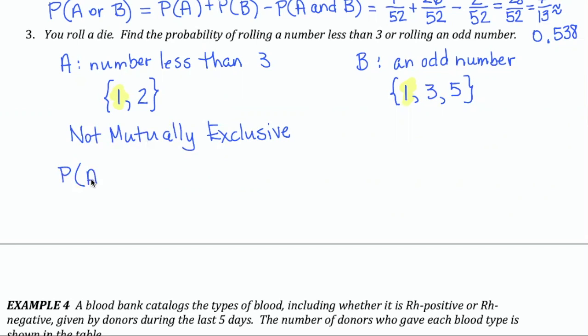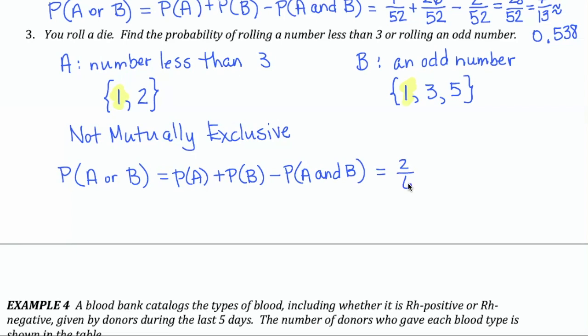So probability of A or B, probability of getting a number less than 3, there were 2 outcomes out of 6 on the die, plus the probability of event B, there are 3 outcomes out of 6 on a die. There's only one outcome in their shared sample space. There's only one outcome that appears in both A and B, so I'll subtract 1.